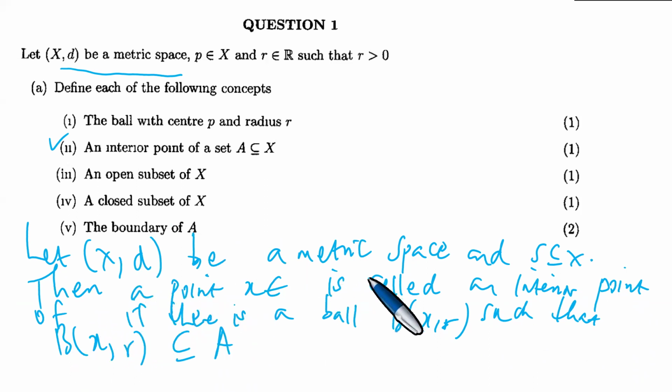So we are saying let (X, d) be a metric space because that is the definition.